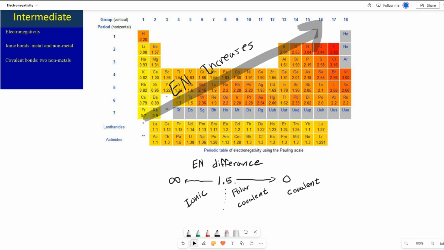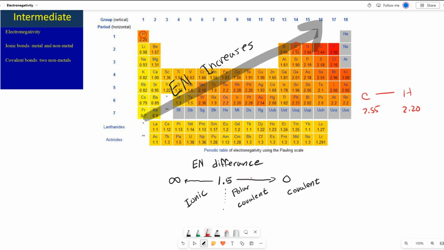So let's take a look at this rule of determining the differences in electronegativities for a couple of atoms. We'll start off by looking at, say, carbon and hydrogen. Carbon has an electronegativity of 2.55, and hydrogen has an electronegativity of 2.20.